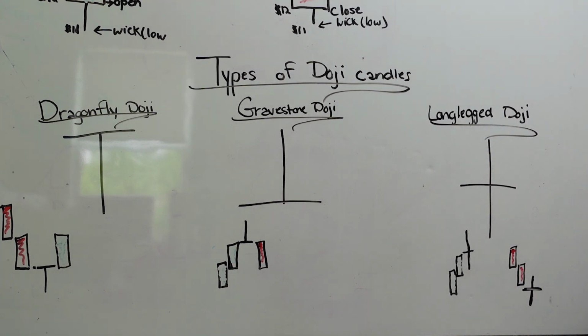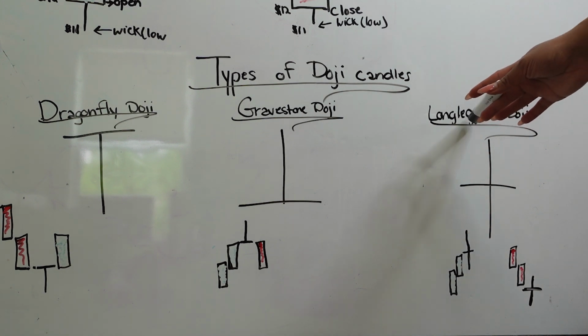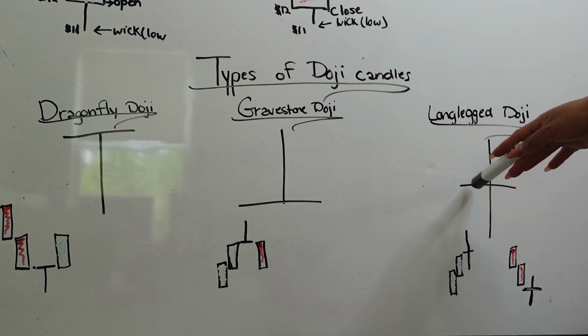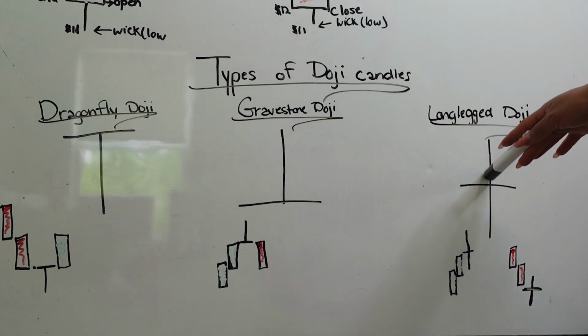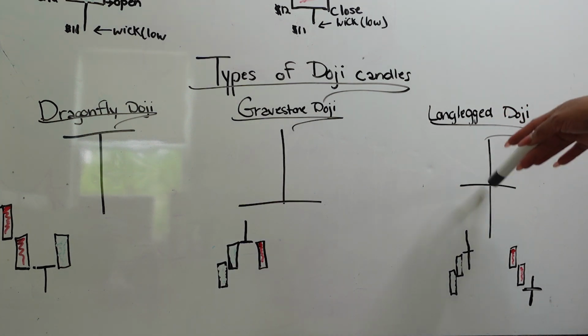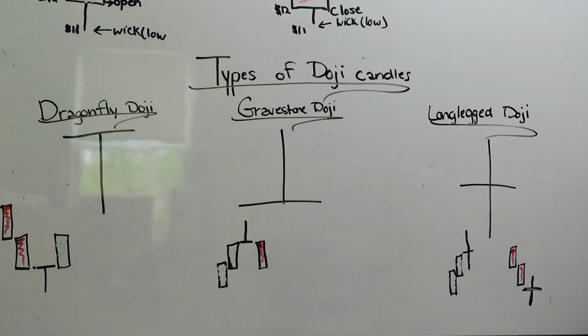And then the last thing on this doji candle chart is the long leg doji, which is the more common doji. You may see this one a lot more often, but basically you have the stock price opened here and then it went up and went all the way down, signified by these two wicks, and then it ended up closing pretty much at the same price where it opened.